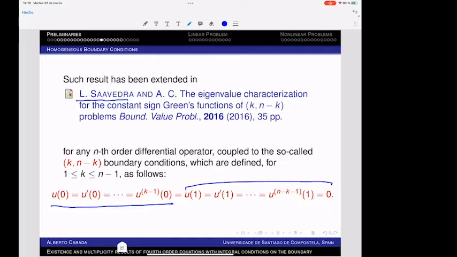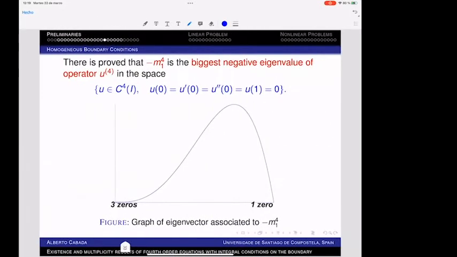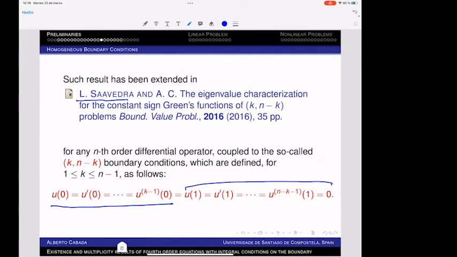The initial and final points are not considered because, of course, they have no values taken. With these conditions we proved that in general the Green function will be positive and never negative if n minus k is even, and if n minus k is odd, it will be negative and never positive.